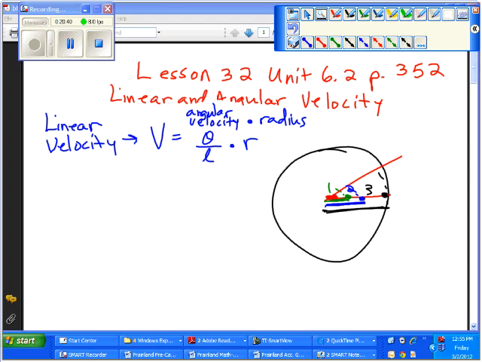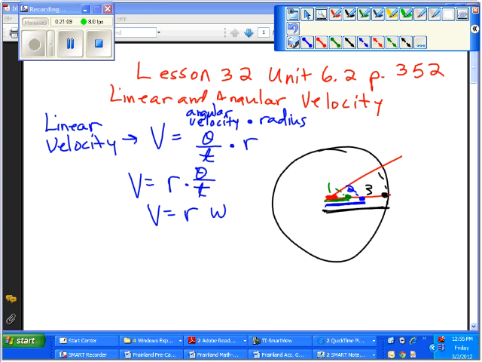And so our formula would be, if we write it the way it is in the book, r times theta over t, or what is theta over t? Omega. Radius times omega, okay? But we know that omega is theta divided by time.